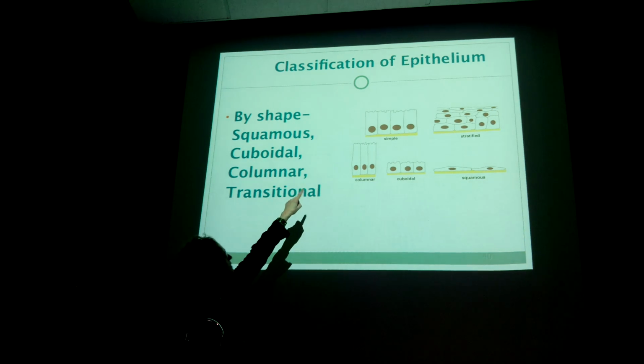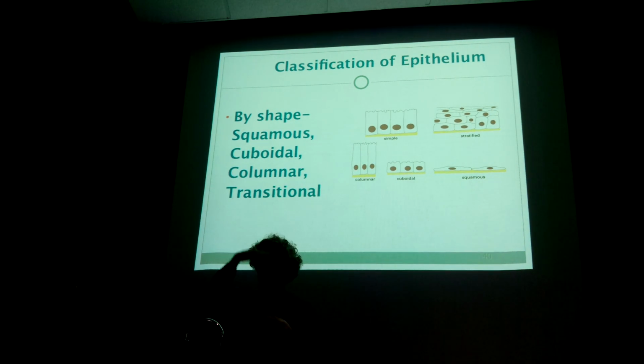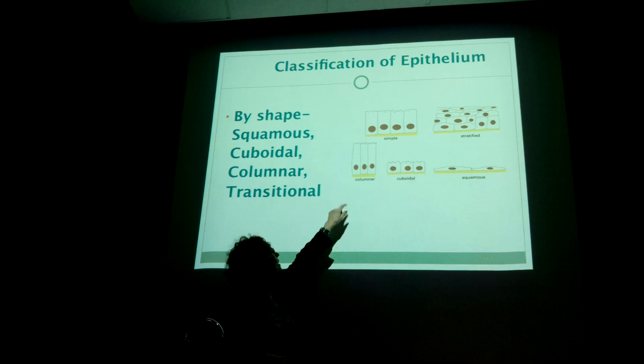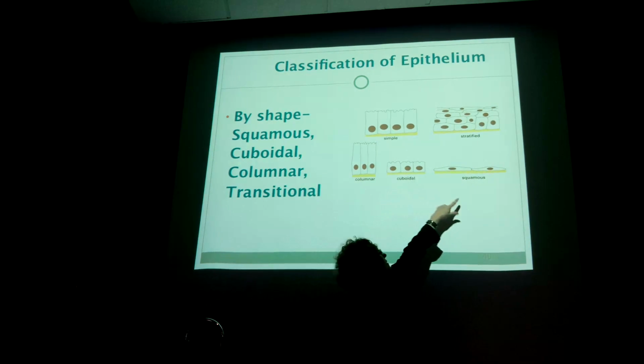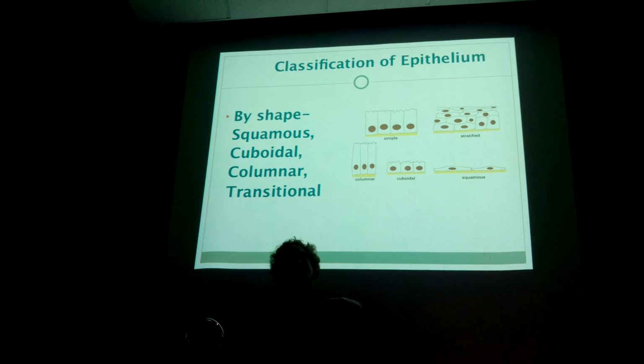So simple would be a single layer. Stratified would be just what it says, stratified layers of epithelia. Columnar, cuboidal, or squamous are the three types. And then we have simple or stratified, and also pseudo-stratified. Sometimes the epithelium is a single layer, but because the nuclei in the cells are at different levels, it will look like it is stratified.